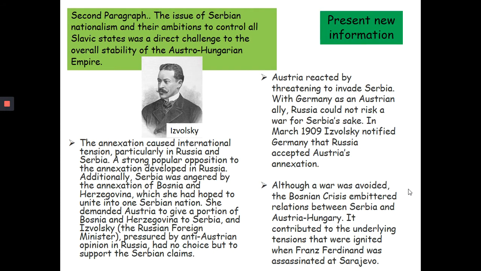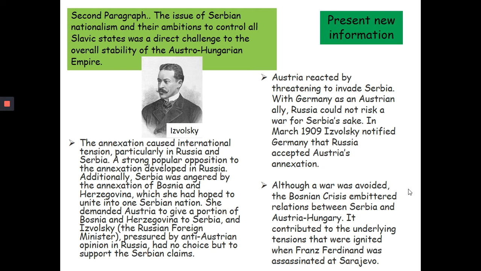Now, the second paragraph: the issue of Serbian nationalism. Nationalism means that you're putting your country ahead of all other countries, and their ambitions to control all Slavic states in the area was a direct challenge to the overall stability of the Austro-Hungarian Empire.